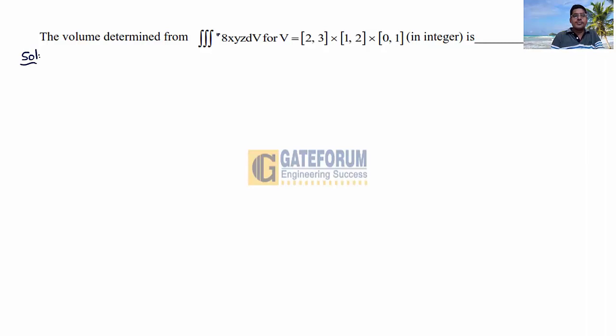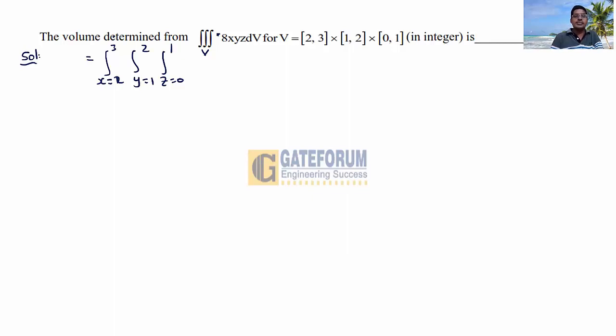Here, the x limits are 2 to 3, y limits 1 to 2, z limits 0 to 1, all are constant limits. x is equal to 2 to 3, y limits 1 to 2, z limits 0 to 1.